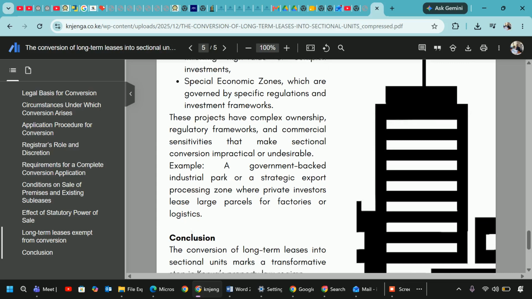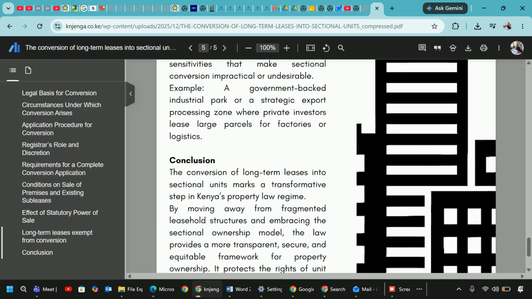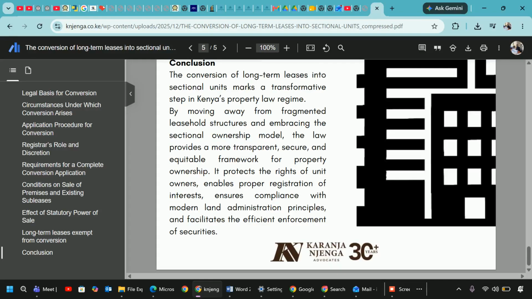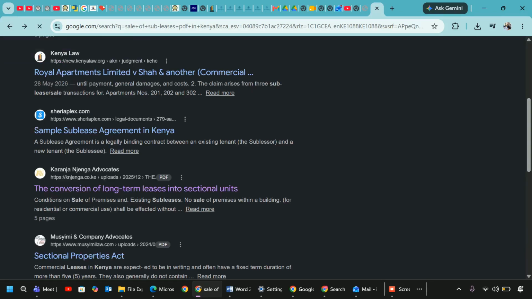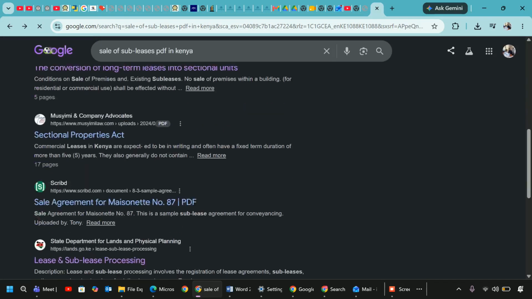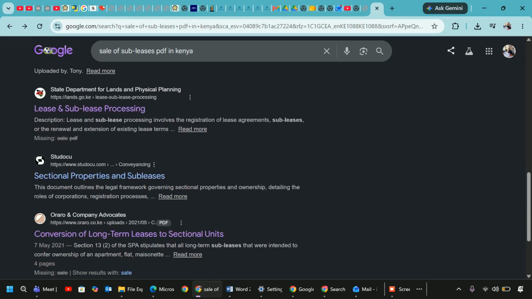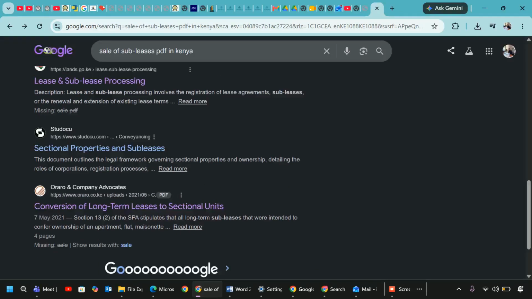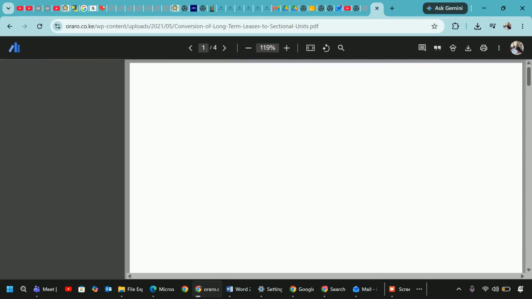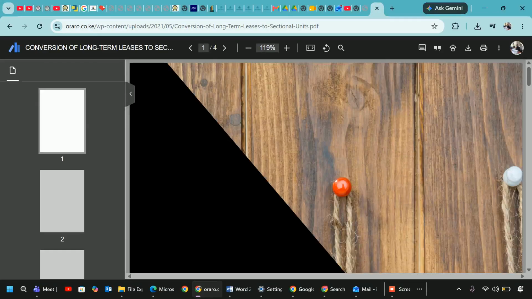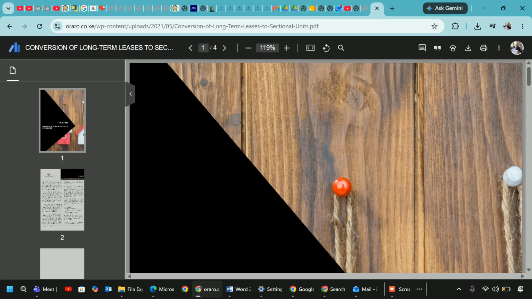A government-backed industrial park or a strategic export processing zone where private investors lease large parcels for factories or logistics is exempted. So it was important that we read that document through, so that we appreciate how various elements and exceptions come in when it comes to the conversion of long-term leases to sectional units.